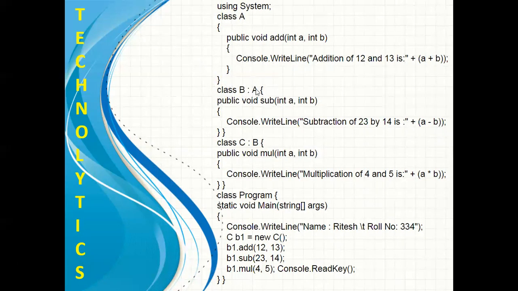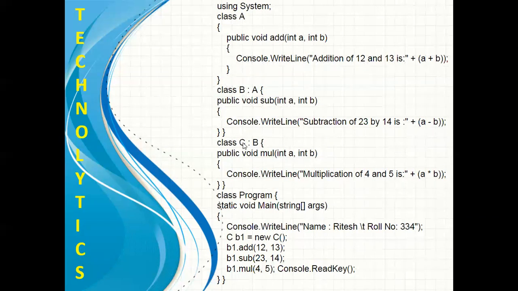Inside the B class we have defined one method sub. In sub again we are passing two parameters and getting the subtraction of these two parameters. On the next line we have defined another class C, and it is inheriting the class B, which in turn inherited class A. Remember, this is your multi-level inheritance.